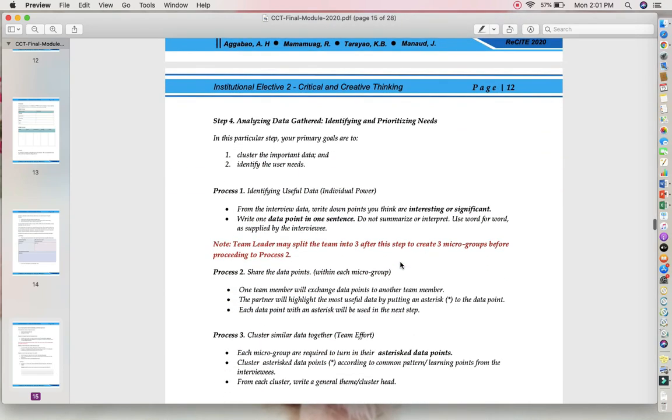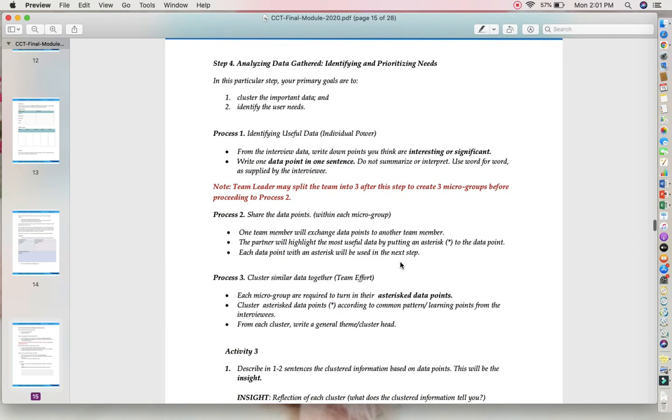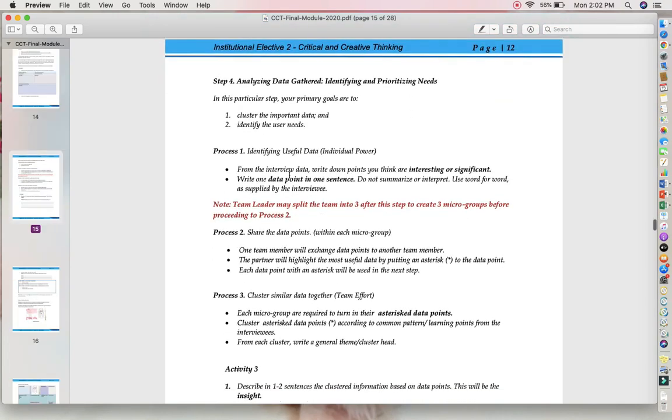We are now on step number 4. For step number 4, you need to analyze data gathered, identifying and prioritizing needs. In this particular step, your primary goals are to cluster the important data and identify the user needs. Process number 1 is identifying useful data or individual work.